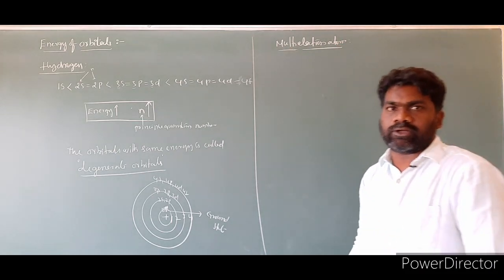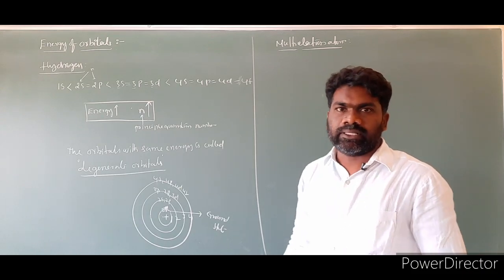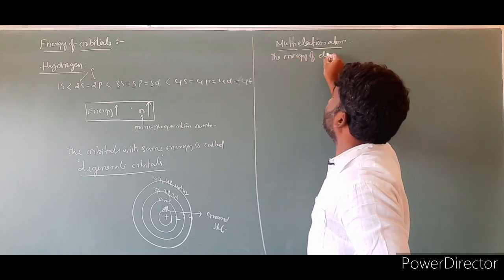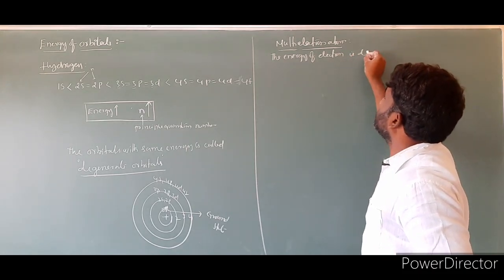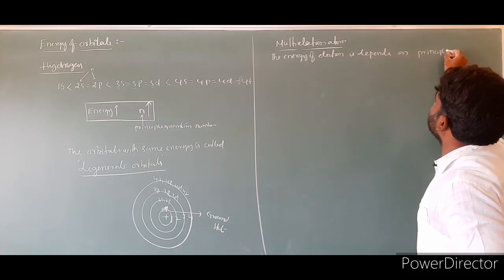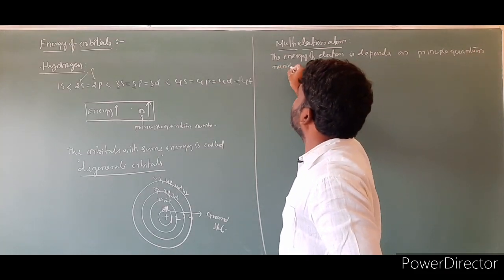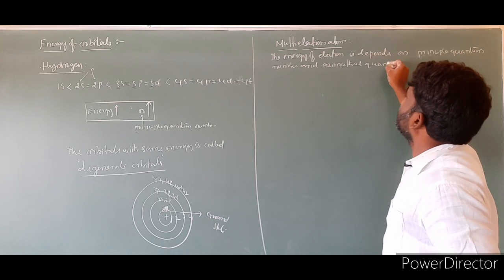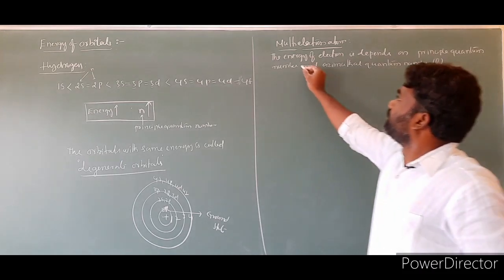Energy of electron in multi-electron atom. In the case of multi-electron atoms, the energy of an electron, or orbitals also you can take, depends on the principal quantum number and the azimuthal quantum number, the l value.